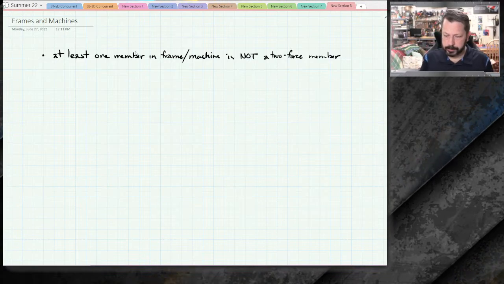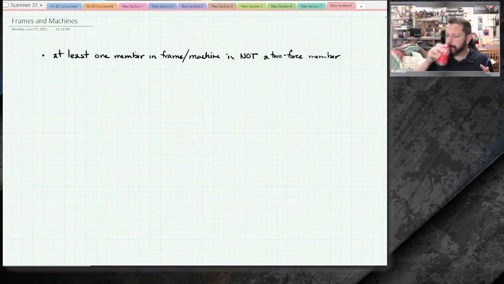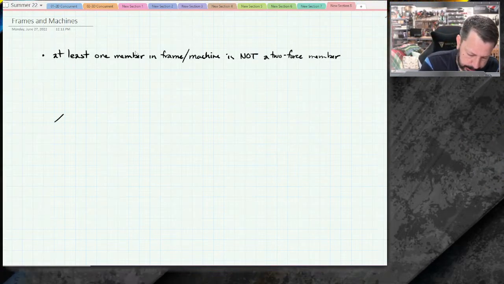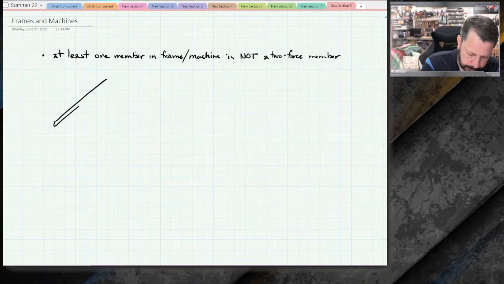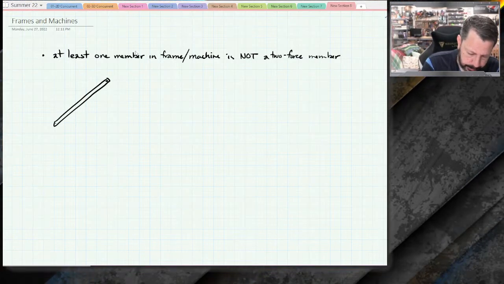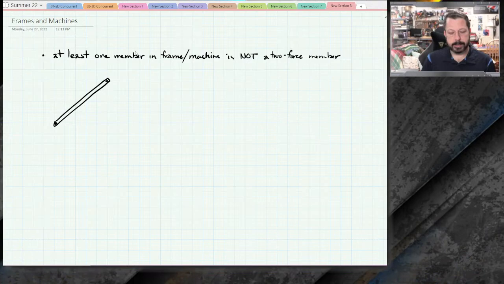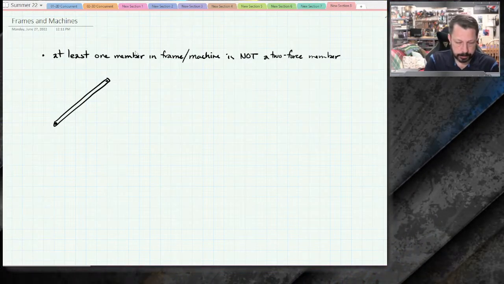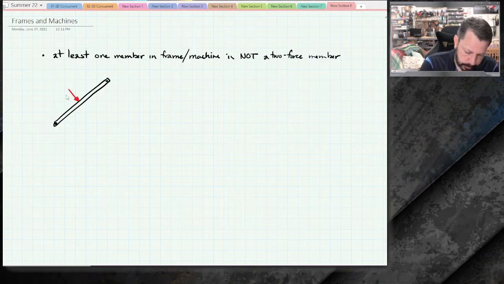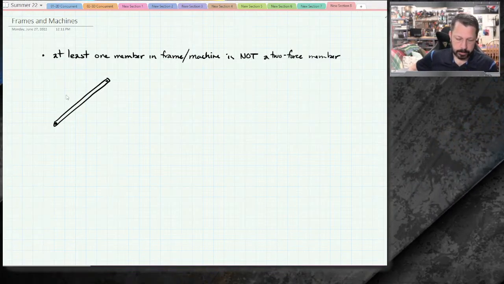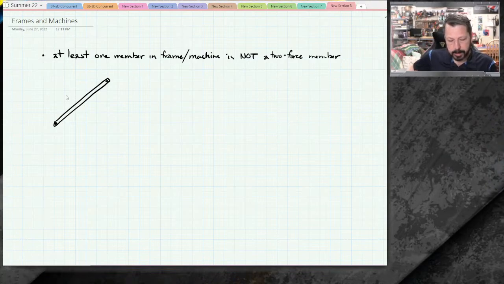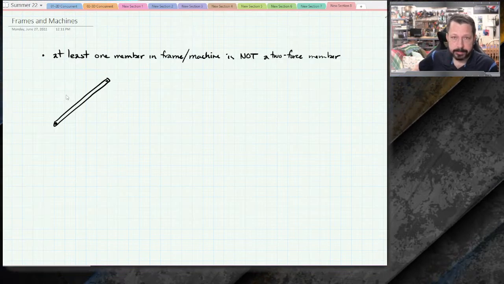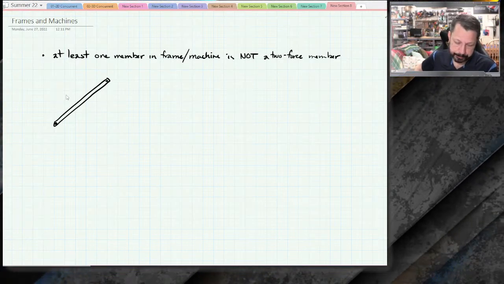Let's just go back over two-force members too. So a two-force member was, here's a member. It has no forces applied anywhere other than the joints. You know, no force right there. So only forces are applied at the joints. It is straight. It doesn't have to be straight technically, but this one is straight.